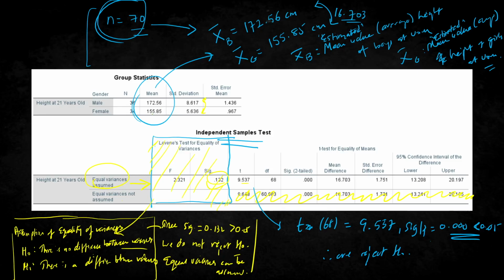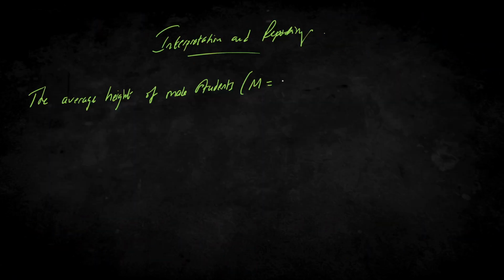What was the average for female? 155.85. And then standard deviation 8.617 for male, 5.636 for female, and sample 36 for male, 34 for female. So that's what you can write here.